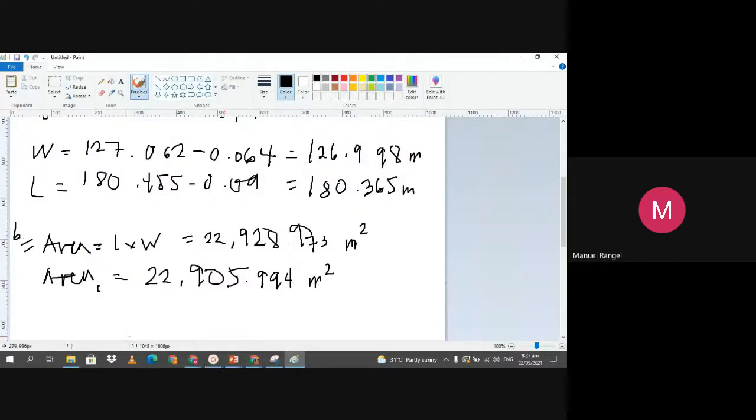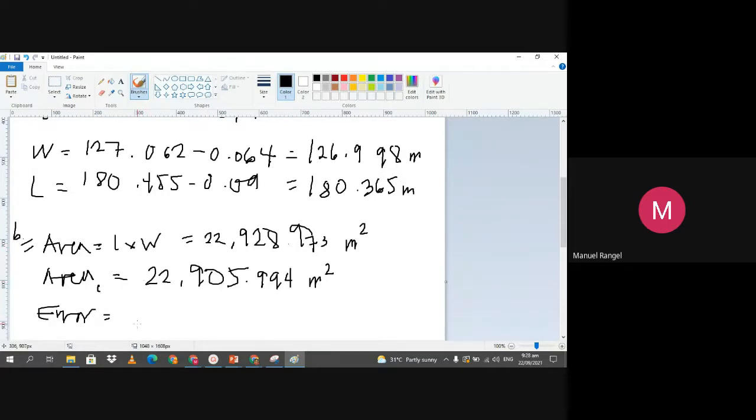So we subtract the corrected and uncorrected areas: the original 22,928.973 minus the corrected area.